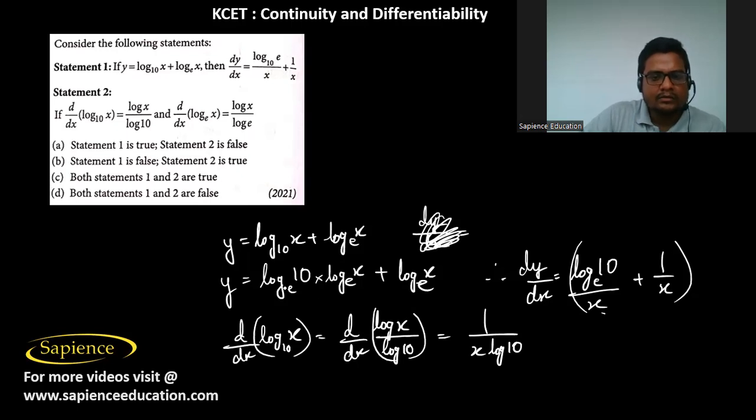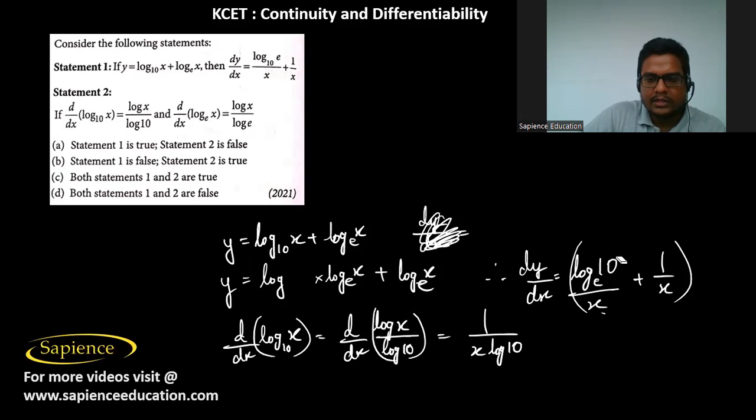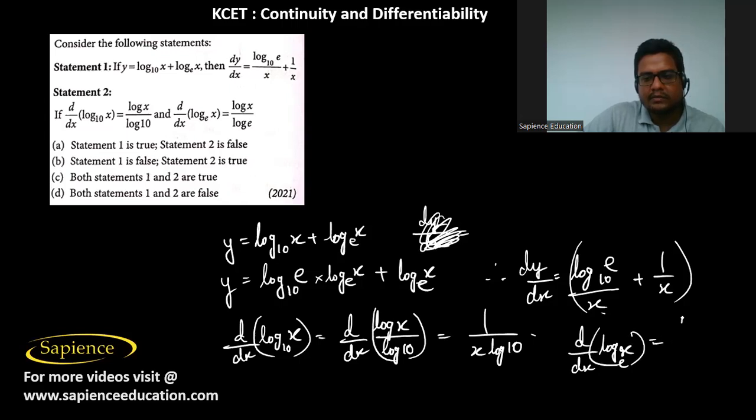Sorry, here this is wrong. This will be log e base 10. So this will be the thing. So it means that statement 2 is wrong, obviously, since d by dx of log x base e, that is equal to again 1 by x. So statement 2 is false, but statement 1 is true. So option A is the correct answer.